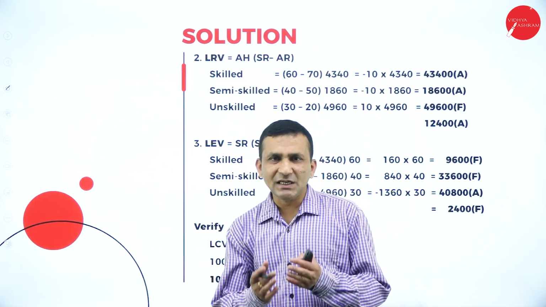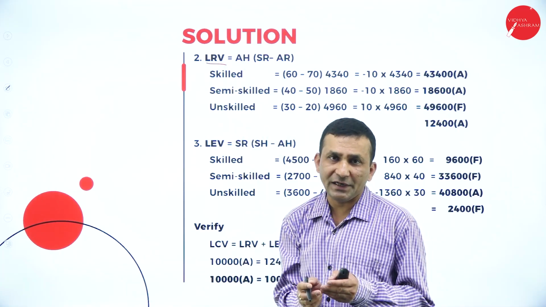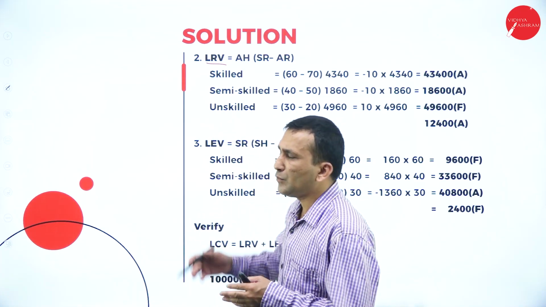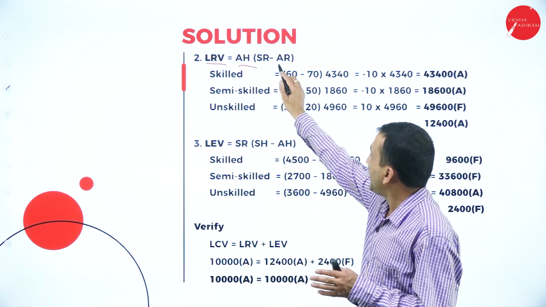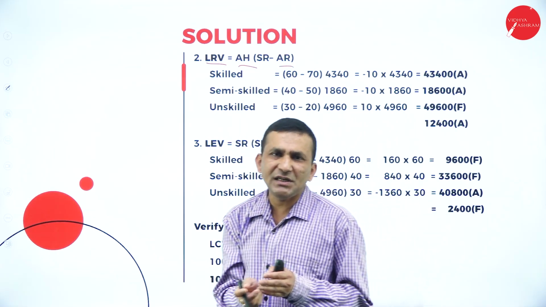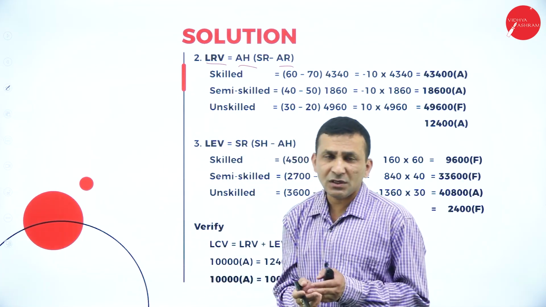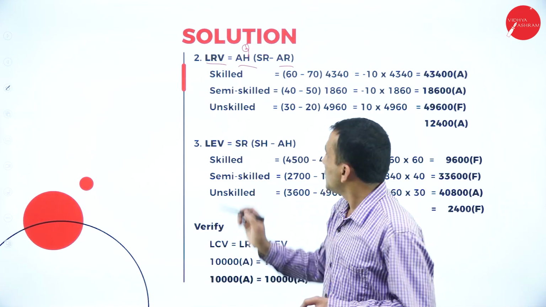After getting the calculation in tabular format, we need to calculate the labor rate variance. The formula is actual hours into standard rate minus actual rate. In the case of material price variance we write actual quantity, but in the case of labor rate variance, we write the quantity plus the hours.